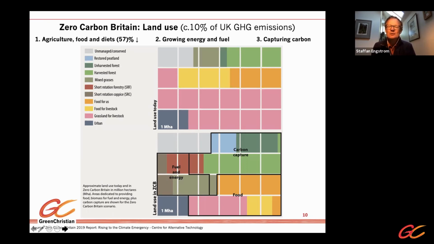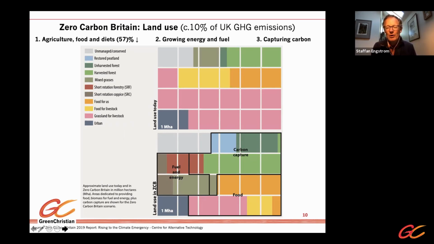And what you can see is quite different is the pink and yellow, which is what is used for livestock, fundamentally re-engineers down the bottom to a much smaller piece. Not as much meat is needed to be eaten. They're not saying no meat, they're saying we can reduce how much we use.